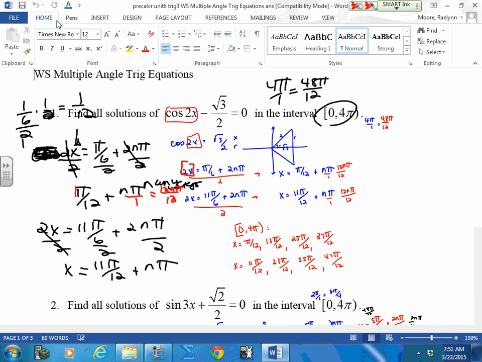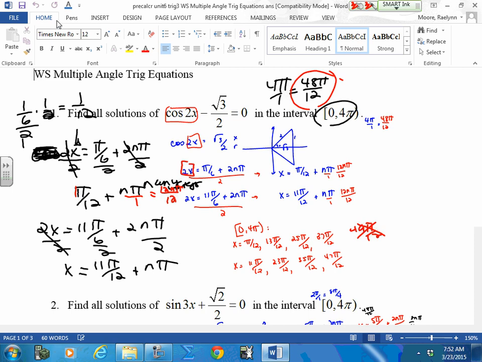Your denominators are all the same, and fractions say if your denominators are the same, add the numerators. Add 12, I get 13. Add 12, I get 25. Add 12, I get 37. Add another 12, I get 49 pi over 12. But you told me to stop at 48 pi over 12, so this doesn't count. It's out of the domain that I need.